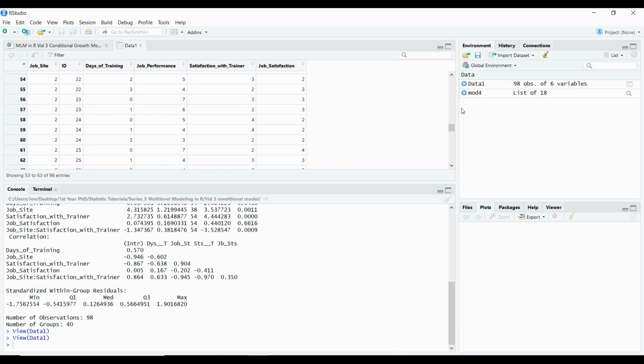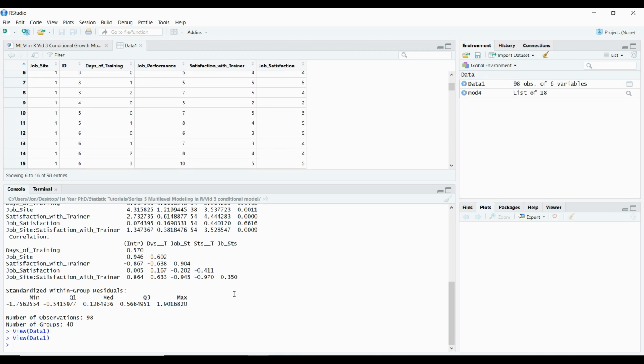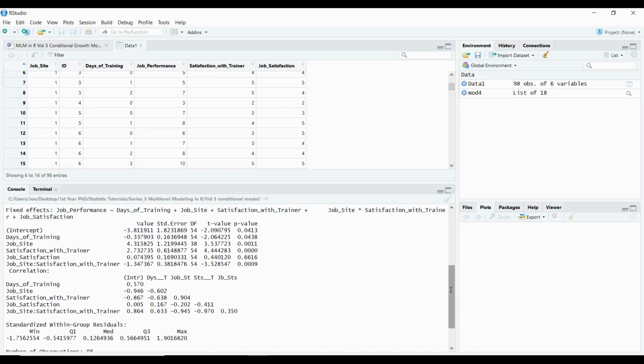Okay, it's important to keep this in mind when you start looking at the values for your fixed effects, because you might think that there's a negative relationship taking place here, but in all reality, what this negative value is saying is that there's a big difference between job site 1 and job site 2, and based on a fixed effect, one job site is obviously much higher than the other. And in this case, if it's negative, it's probably pointing to job site number 1 being substantially more, showing a higher rate of performance compared to job site number 2.